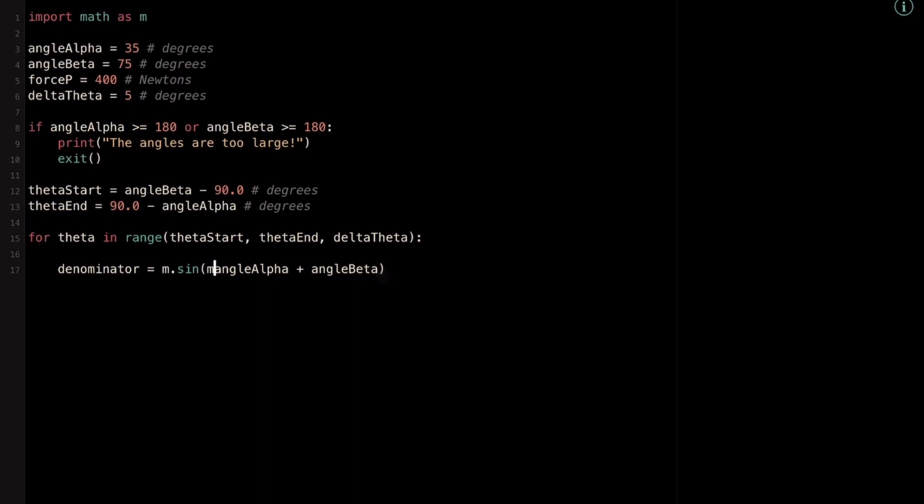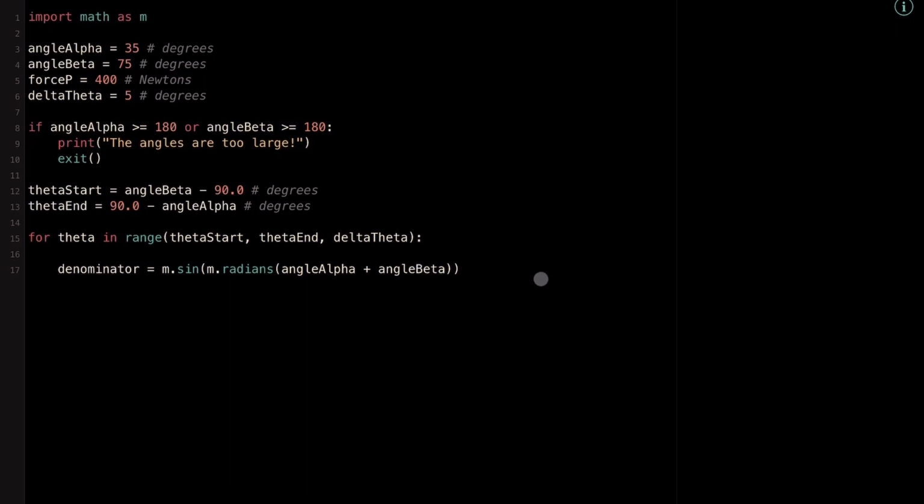So we can say m.radians of angle alpha plus angle beta. This is going to add angle alpha and angle beta together, convert that value from degrees into radians, and then pass that value into this sine function. And then that entire value is just going to be assigned to this denominator variable.